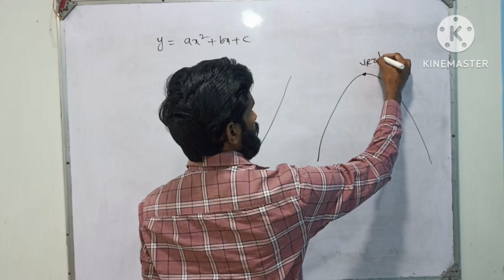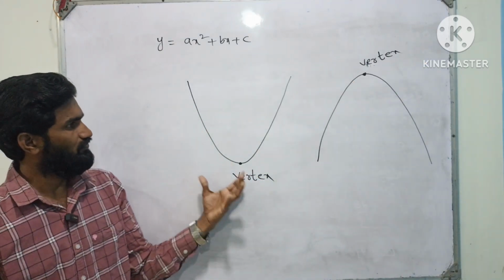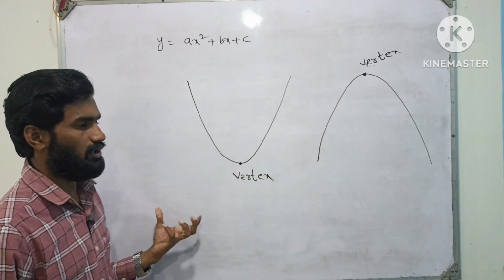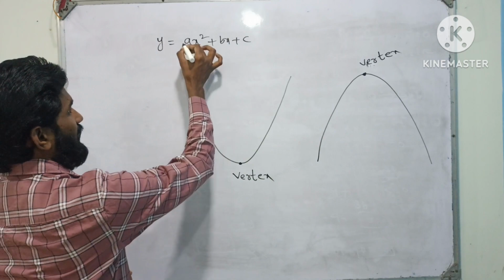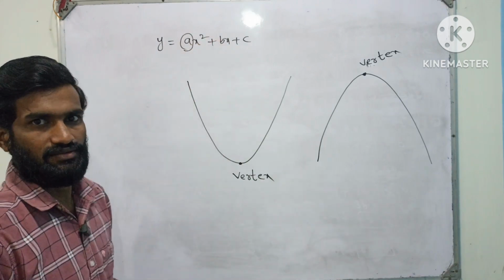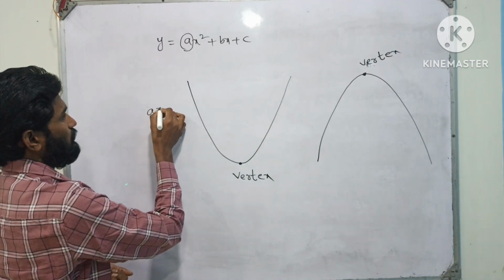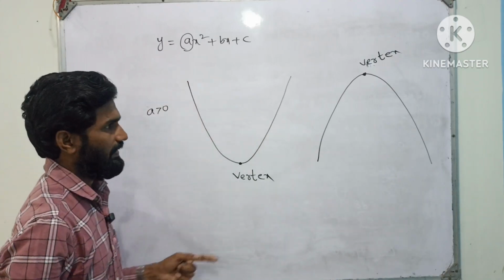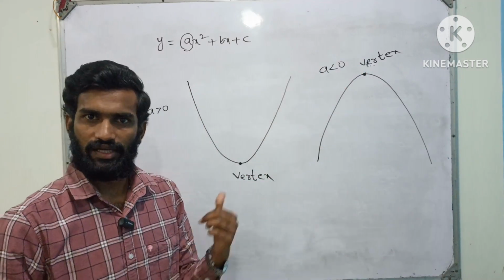Now who will decide which one we will get, either upward parabola or downward parabola? Here A will decide that. If A is greater than 0, we will get an upward parabola, and if A is less than 0, then we will get a downward parabola.